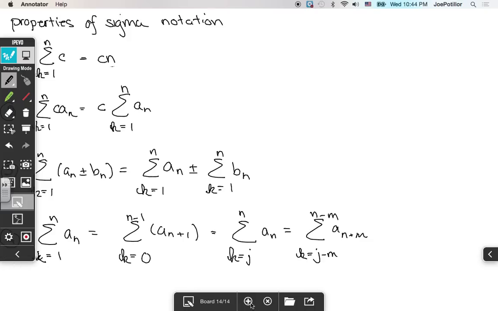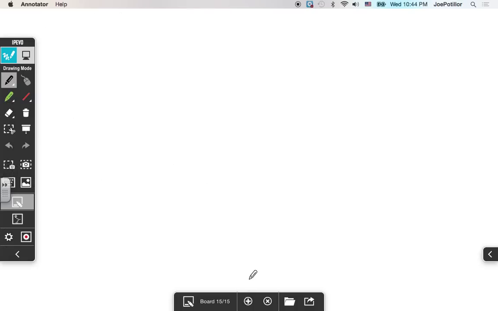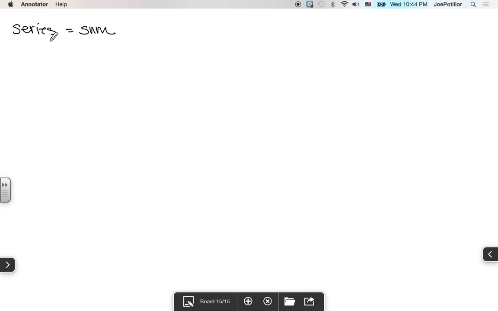And since I didn't really express this well earlier, I'm going to quickly explain the difference between a series and a sequence. A series is a sum. The series is a sum of a sequence. That's one way to look at it. A sequence is the ordered pattern.